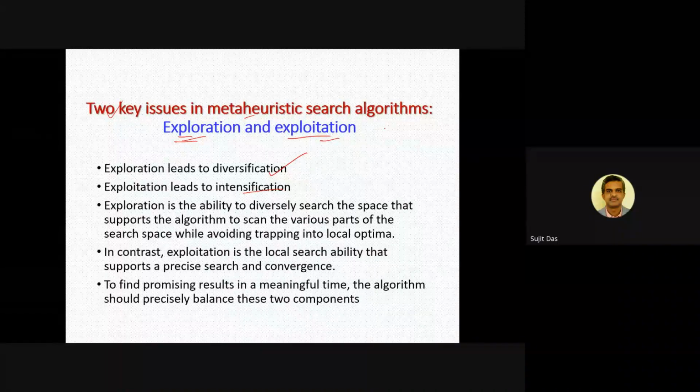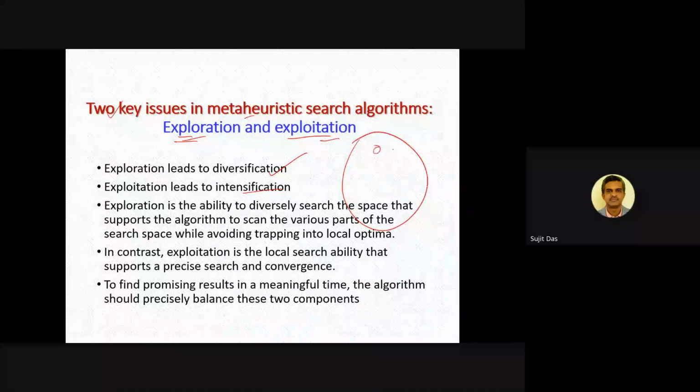So in your search space, a number of solutions are there. What should be your initial objective? The initial objective should be to explore the search space as much as possible. Now suppose after a few steps, after a few iterations or generations, maybe you are near this solution and you find, okay, this is a relatively much better solution.